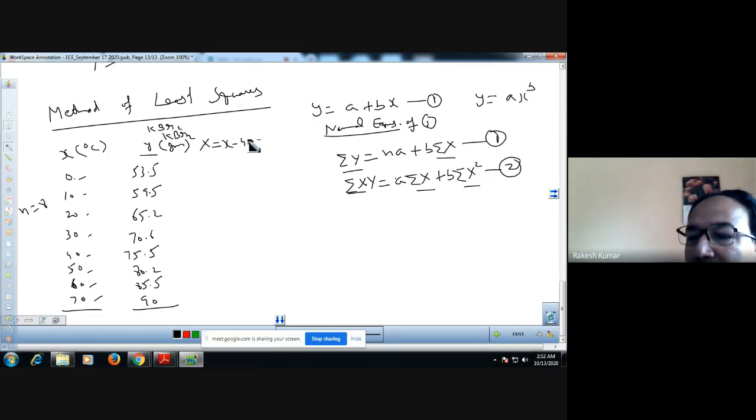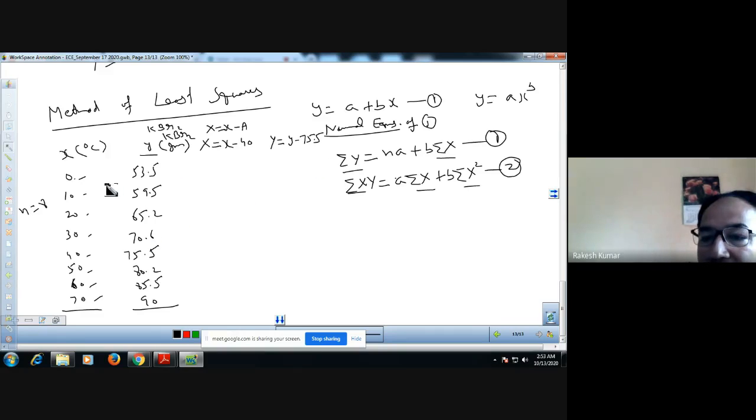Suppose in this case I take 40. This is the assumed mean. Similarly, we shall assume the value of y, and corresponding to 40 it is 75.5, so this is the value you can take. You can take any assumed value, whether you take 30, you can also take 70.6. There is no doubt about that.